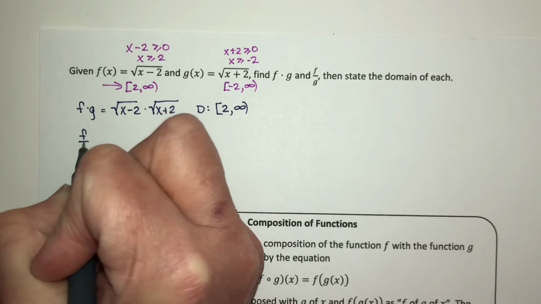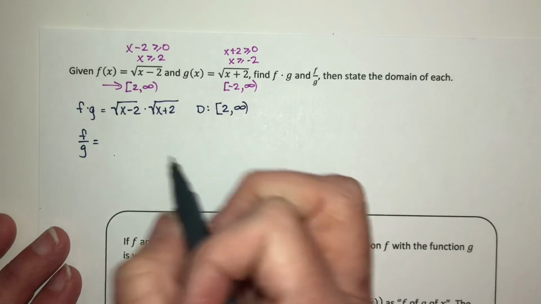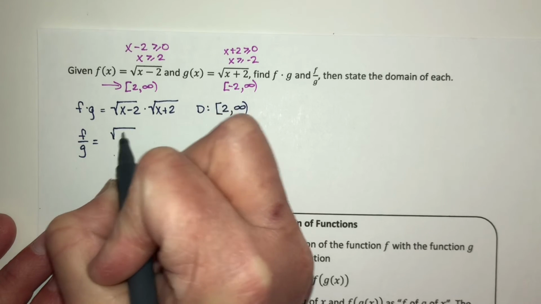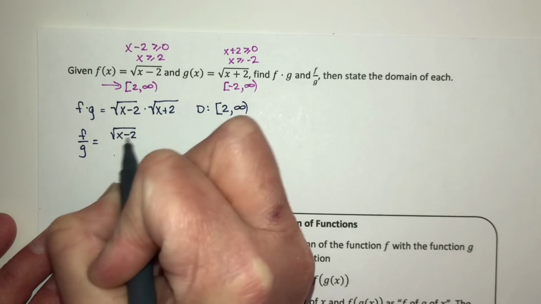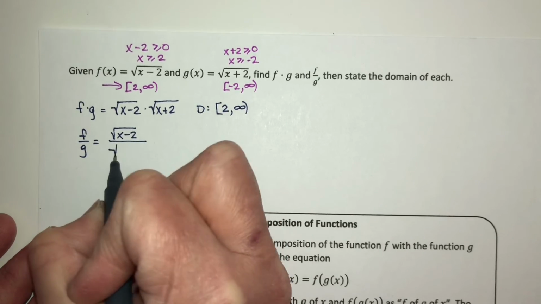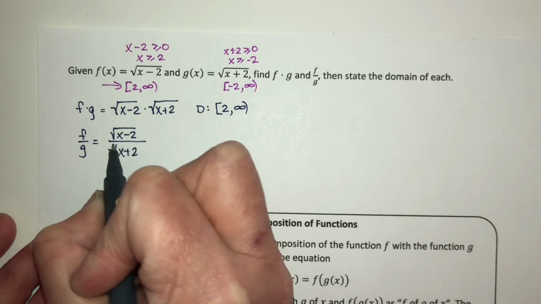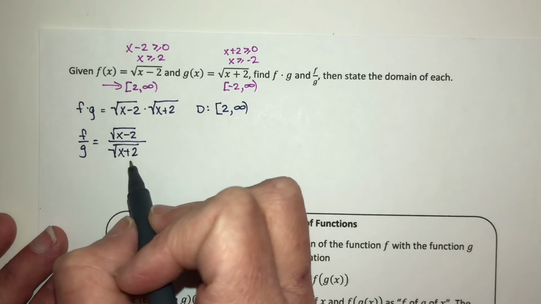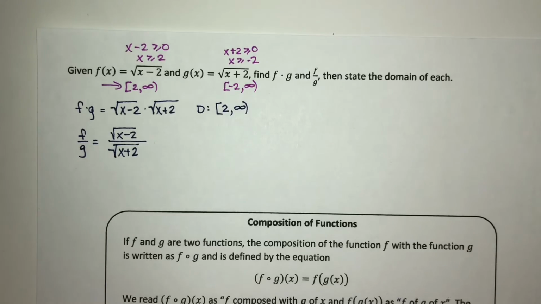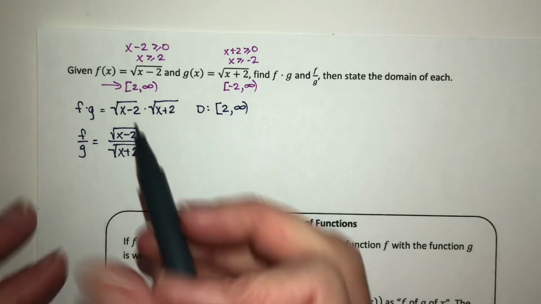Now let's do f over g. So that will be x minus 2 under the square root over x plus 2. Now we have this in the denominator, so we do have to consider again.